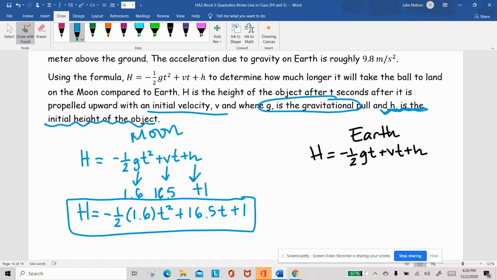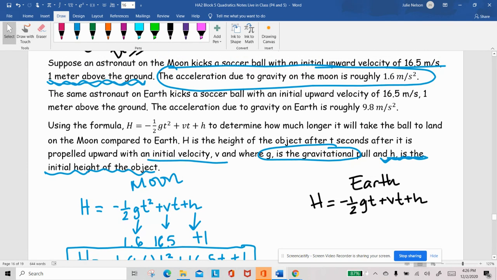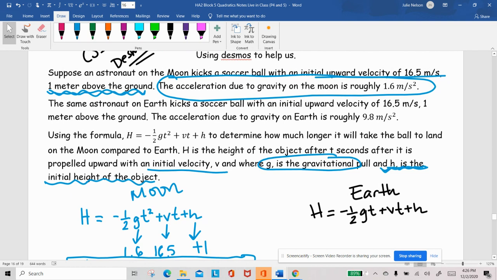I want to do the same thing for Earth. So let's go back and see if we can read any information about Earth. Okay. So it says the same astronaut on Earth kicks a soccer ball with initial upward velocity of 16.5 meters per second.